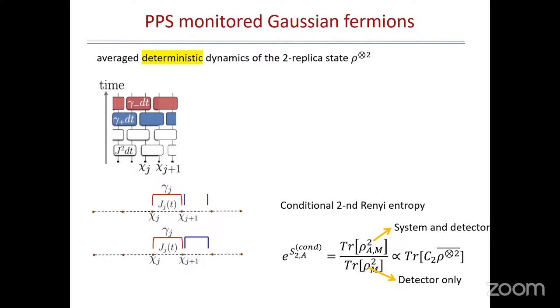I think the purpose of the work was to understand whether the features of this measurement-induced phase transition really depend on the fact that you have an ensemble of trajectories, or whether you can kind of forget the fact that you have an ensemble of trajectories, and the result will be roughly the same across the spectrum of trajectories. And the answer is a mixed one.